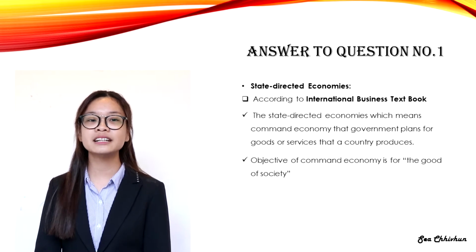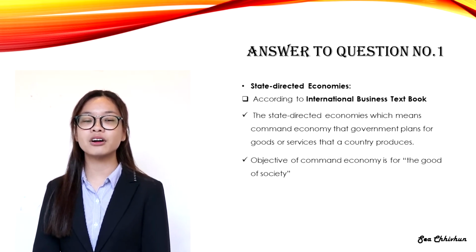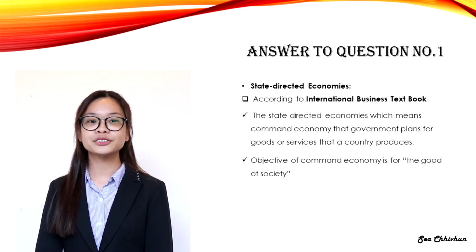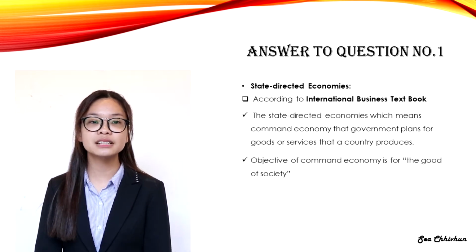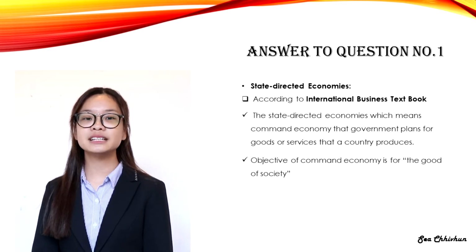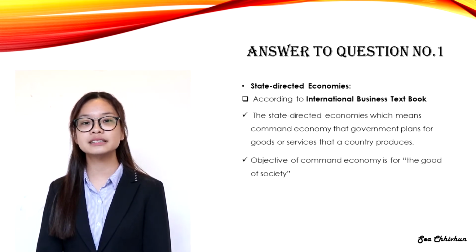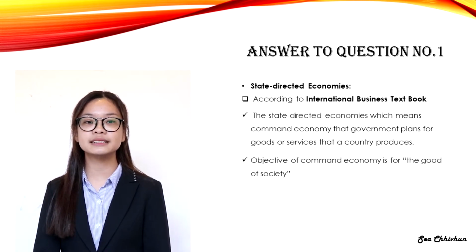On the other hand, the reasons state-directed economies stifle growth are that they are not always aware of consumers' needs and wants, and normally they cannot manage production appropriately. The main disadvantage is that the economy needs plenty of planners and organization to make the system work.